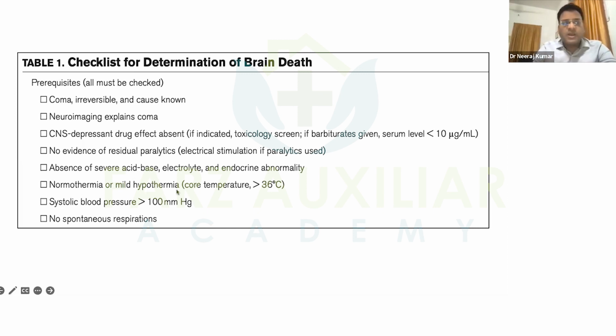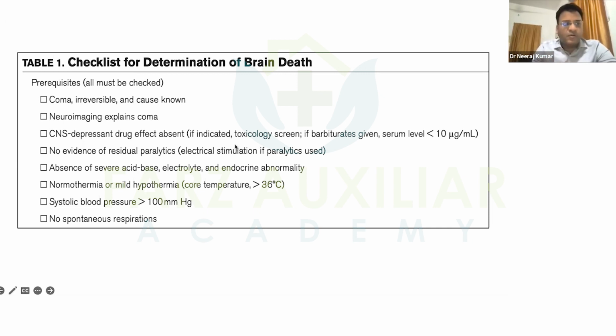And even the normothermia and mild hypothermia, the systolic blood pressure is to be kept more than 100 millimeter of mercury, and there should be no spontaneous respiration. Apart from cranial nerve examinations, there are all those reflexes. We will start from head to toe, like your corneal reflex, your pupillary reflex, your cough reflex, your gag reflex, if you come further down, your deep tendon reflexes, even your various superficial and deep reflexes, all these reflexes are very much absent.